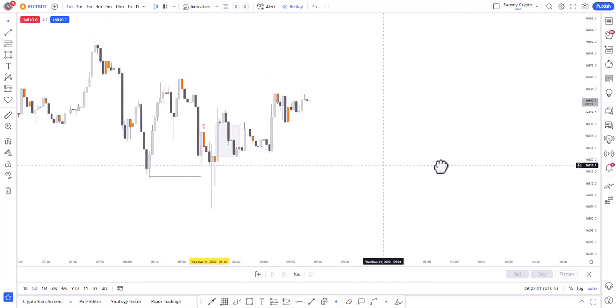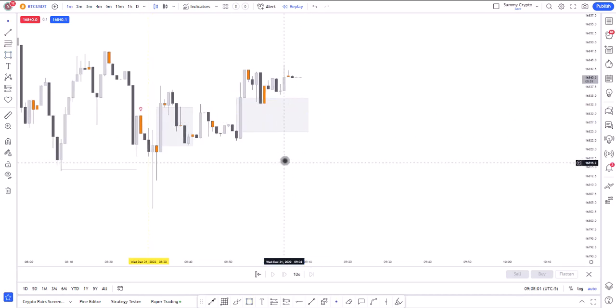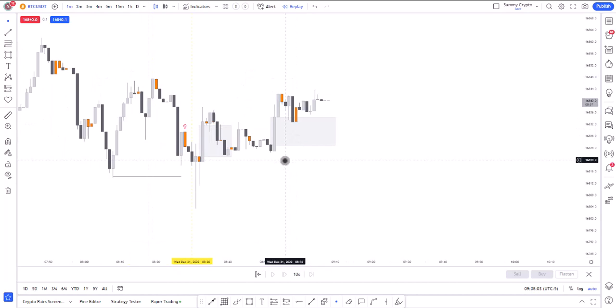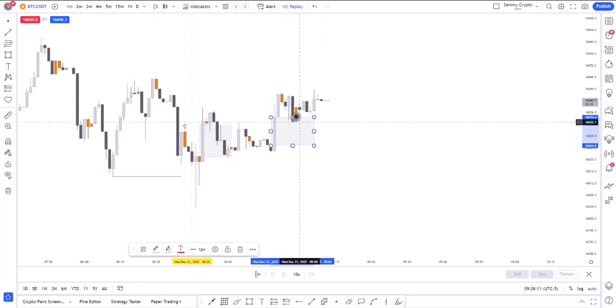And this is another re-entry on Bitcoin. This is just the model printing, showing itself up and down. Remember, this happens almost every time, but you need to know the specific time when you're looking for this particular model to come. Okay, so you can see price tapped into here.